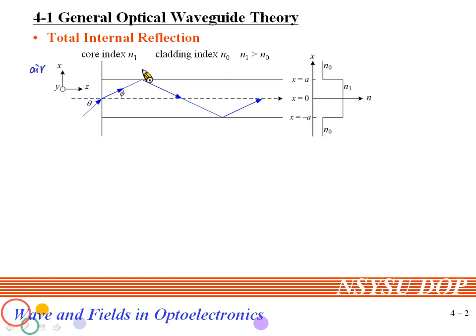Okay, so at this interface, we shall have TIR happen, and if this angle is phi, we can know that this angle will be half pi minus phi. Of course, to make this happen, we must satisfy the total internal reflection at the core-cladding interface.